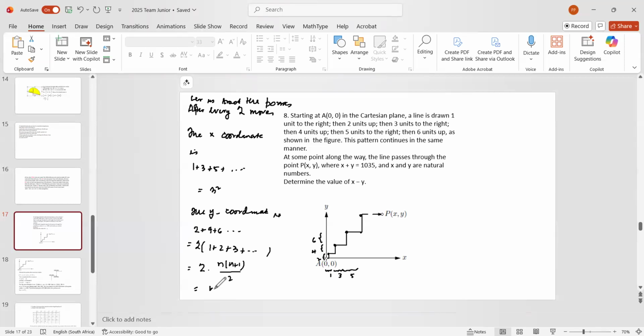So this is just n into (n plus 1). Okay, what does this mean? It means that the x-coordinate is n squared, the y-coordinate is n into (n plus 1).